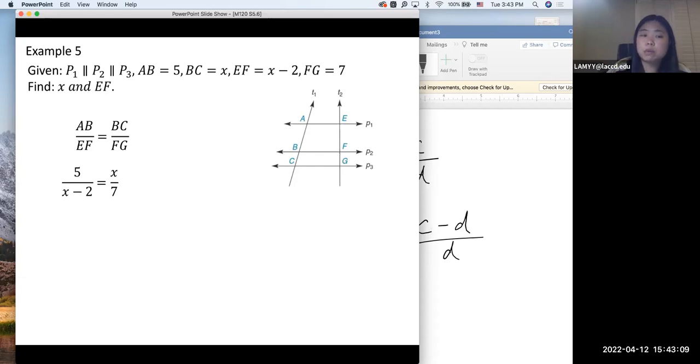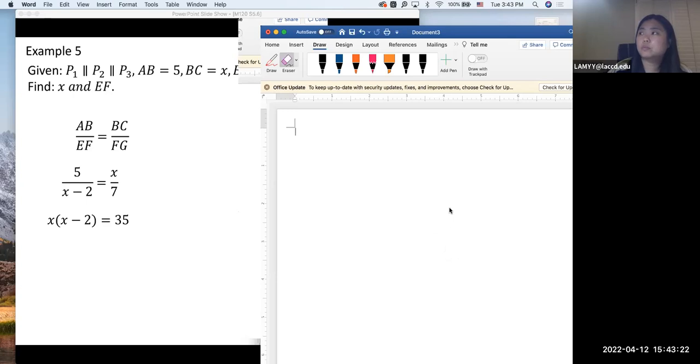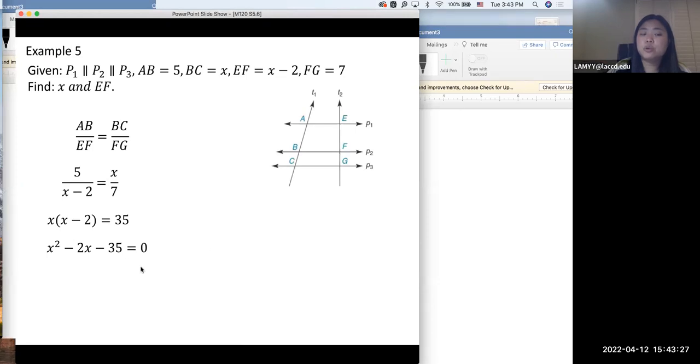And then use cross multiplication. Distribute the x, and you will get the quadratic equation. Right. And then you are going to use the x method. So factor out 35. We can do 5 and 7, right?